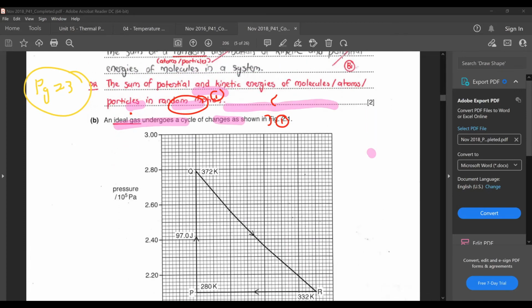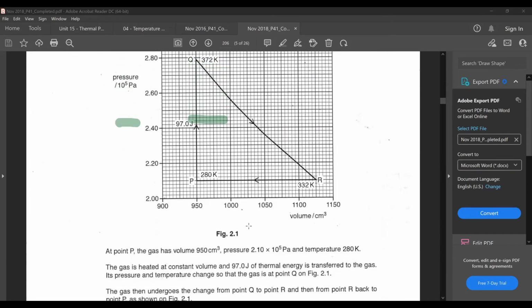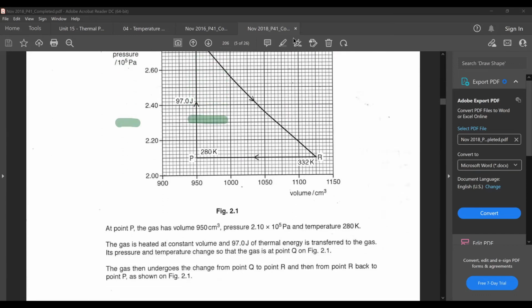Now let's look at part B. You have an ideal gas that undergoes a cycle of changes as shown in this figure here. Then they tell you at point P, the gas has volume 950 centimeter cube, pressure 2.1 times 10 power 5 Pascal, and temperature 280 Kelvin.